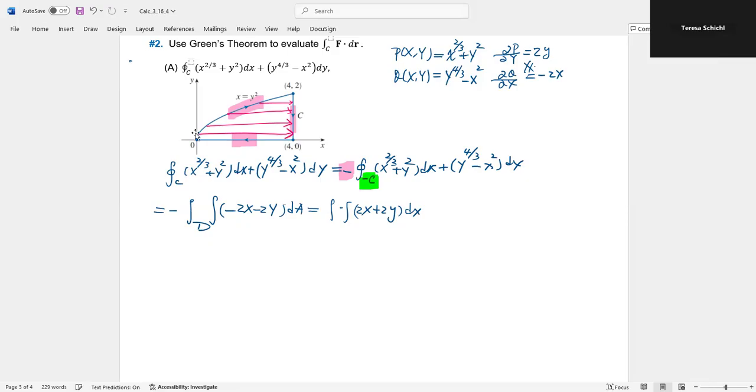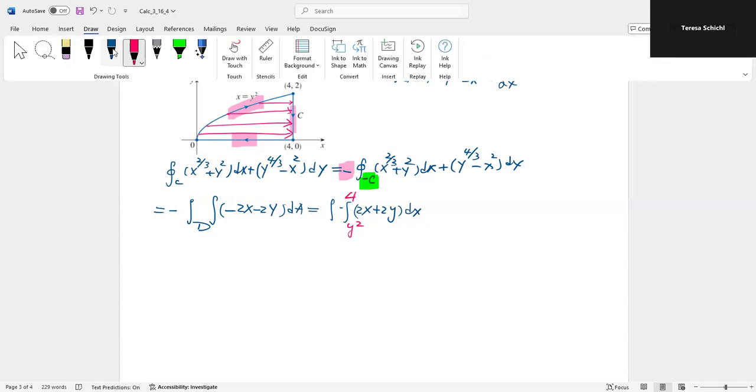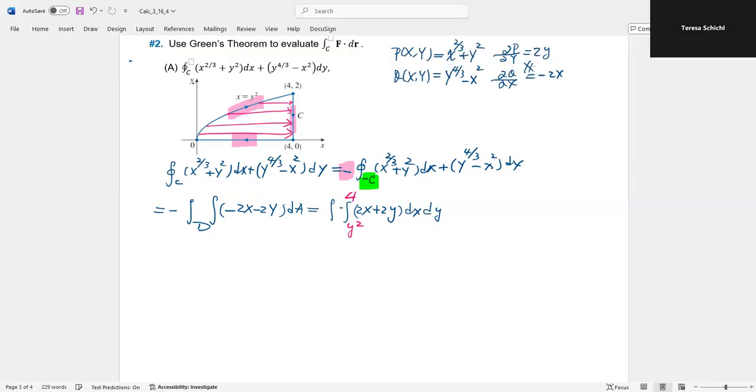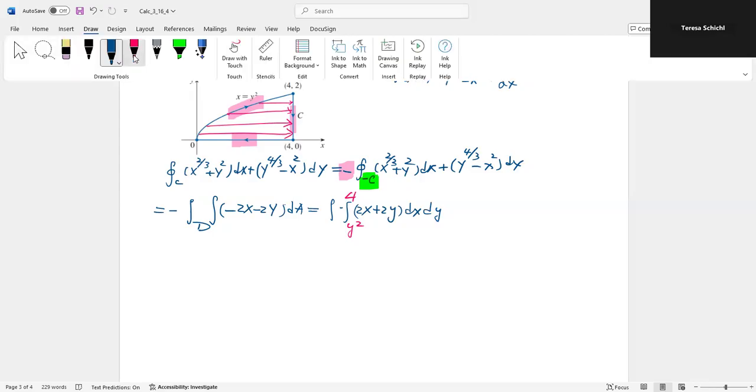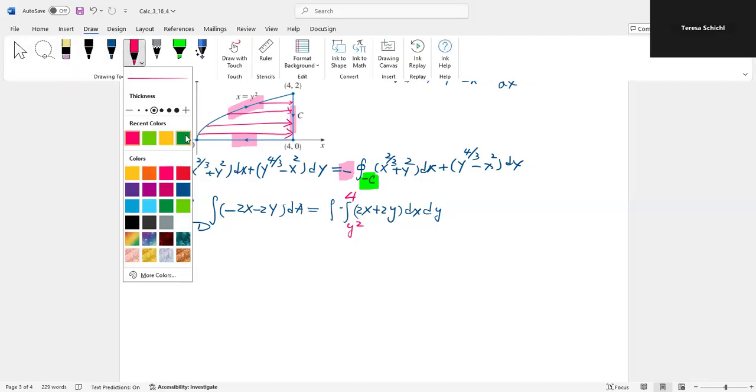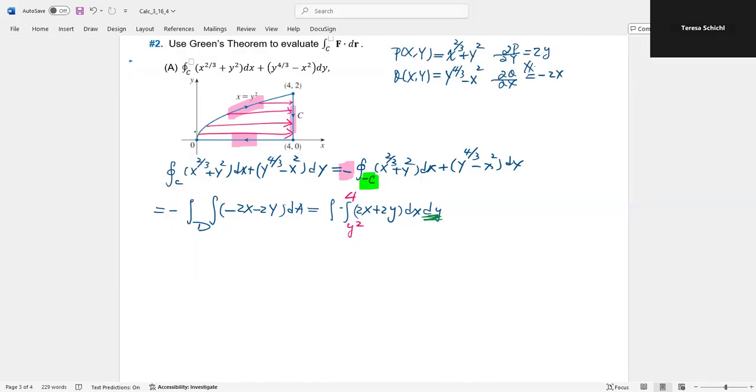If you do dx, x equals y squared, so I start at y squared, and I end at 4. After you finish that, then for the dy, y goes from 0 to 2.